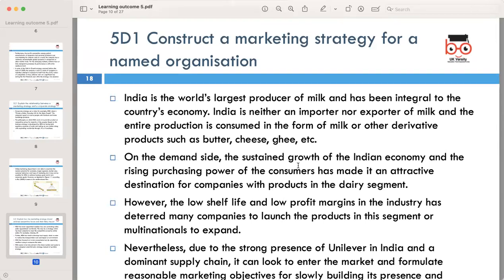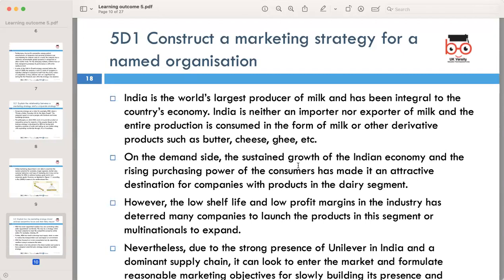So constructing a marketing strategy for a named organization involves considering specific market conditions. In the case of Unilever's expansion into the Indian market, India is the largest producer of milk globally, making it an attractive destination due to the growing economy and consumers' rising purchasing power.